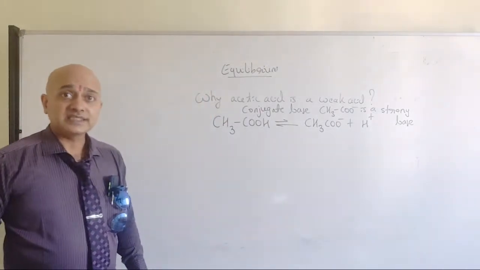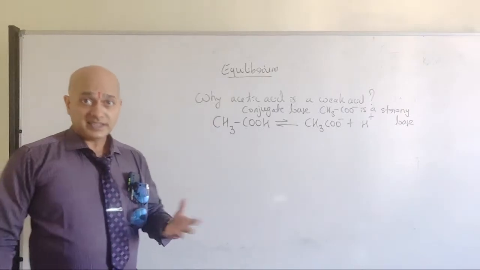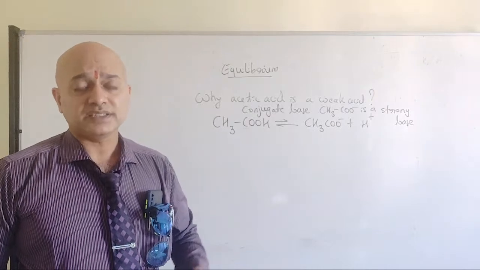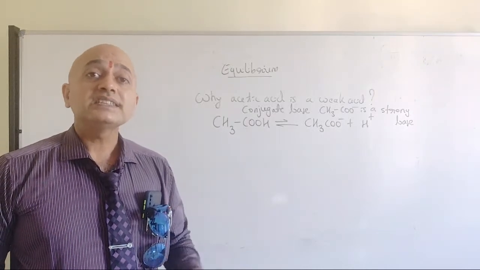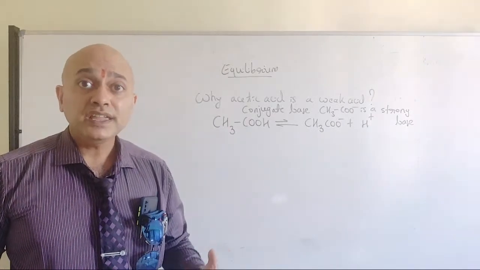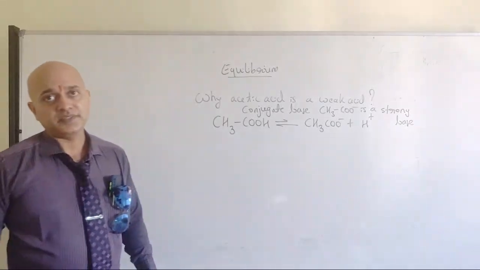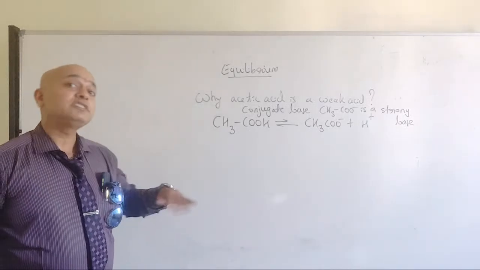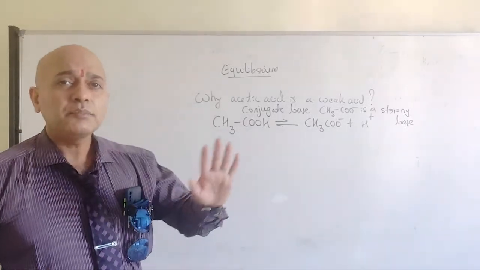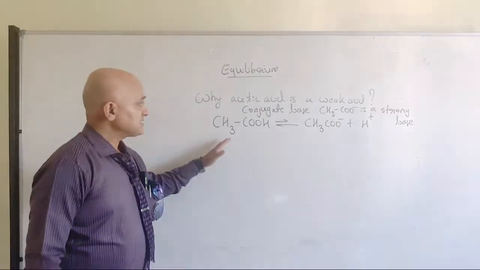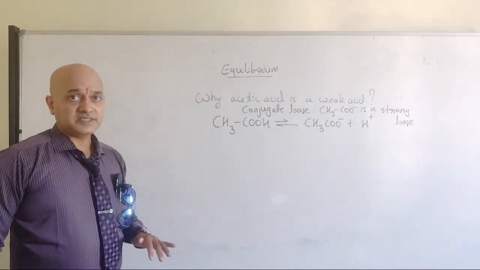Since chloride, Cl minus, will be happy in its octet state, it will not take up the H plus. So therefore Cl minus, since it is a weak conjugate base, HCl is a strong acid. There are many other factors, like in which solvent we have taken, but that one we are not going to consider here. Fine? So that's where we have the reasons.